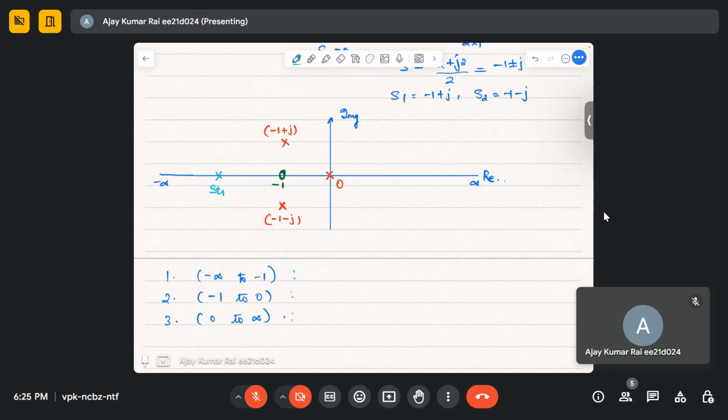Here we consider an even number of open loop poles and zeros. We have two, which is even, so we say the test point is lying on the root locus. So the root locus exists in the region minus infinity to minus 1. Any doubt in this case?